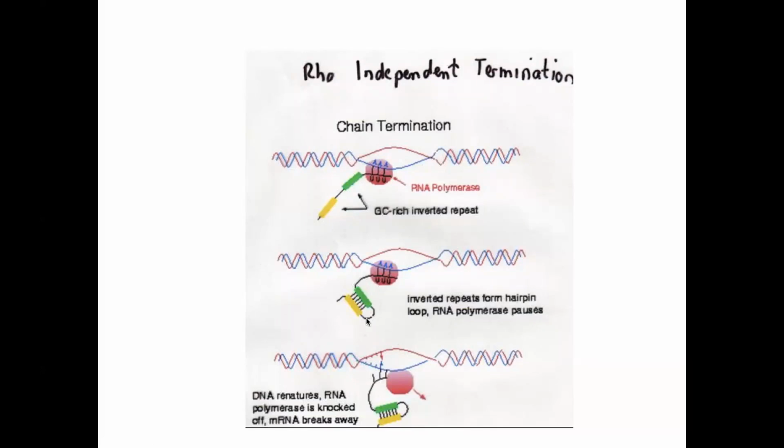And the formation of that hairpin loop is disruptive. In other words, it starts to weaken the hold of the RNA polymerase to the template strand, decrease that characteristic of processivity. And so eventually what happens is that the RNA polymerase falls off. And no longer being associated with the template strand, it stops transcription.